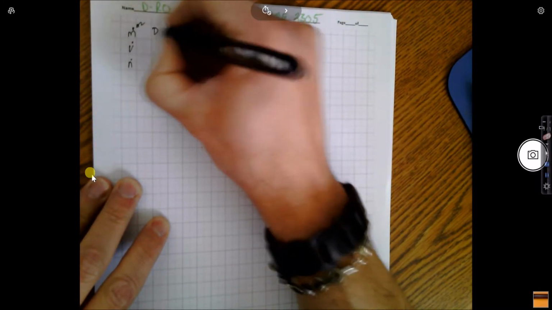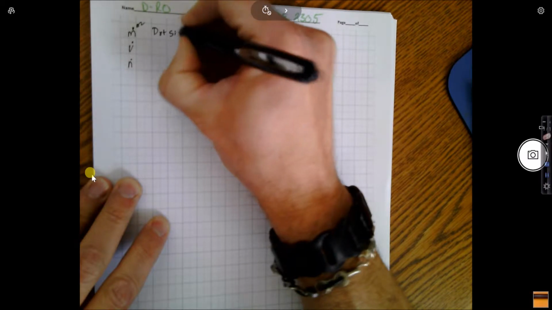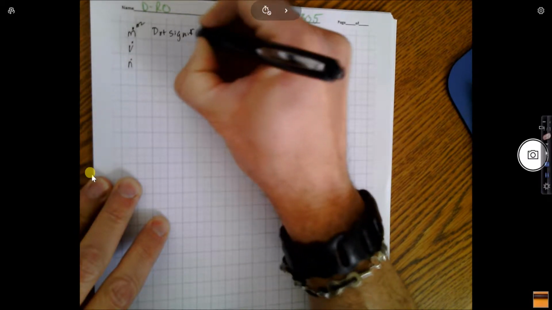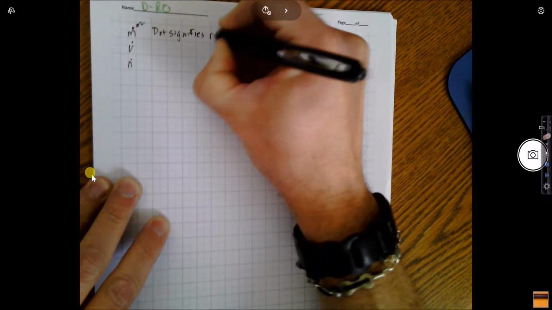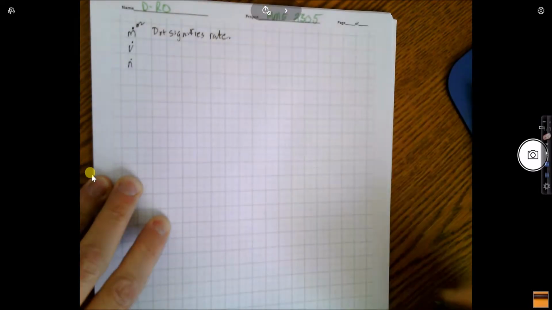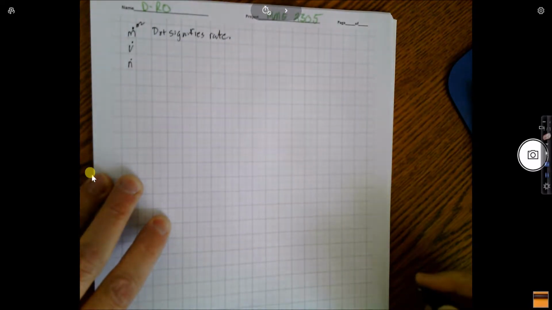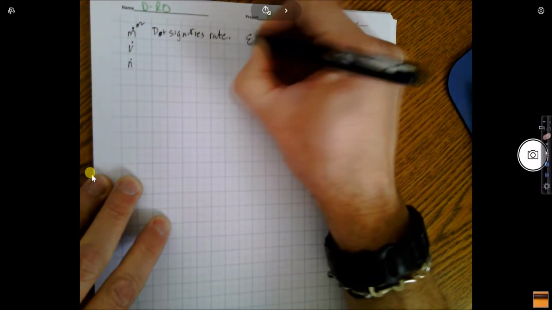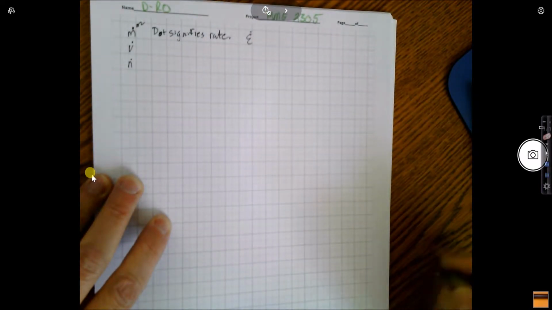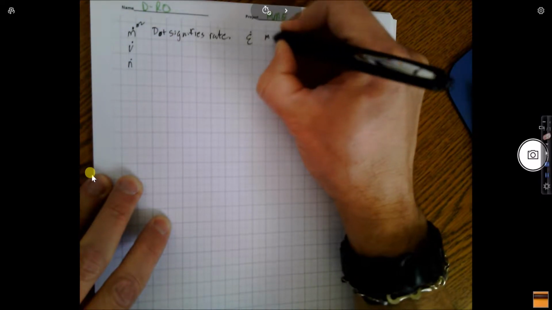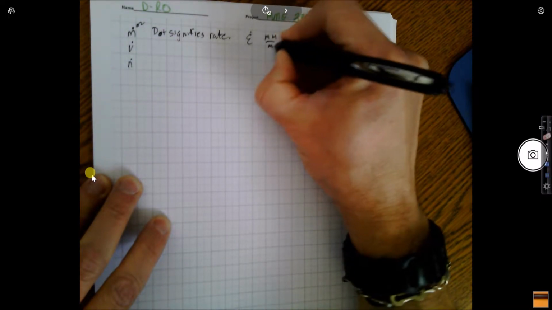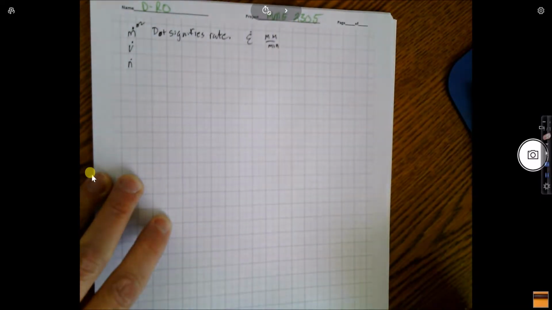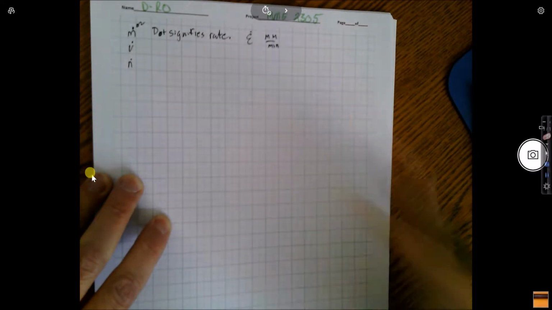So a dot signifies a rate. In other classes, you may be given epsilon dot, and that would be strain rate, given in terms of millimeters per minute.